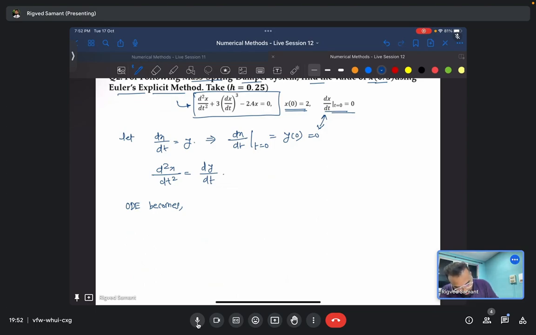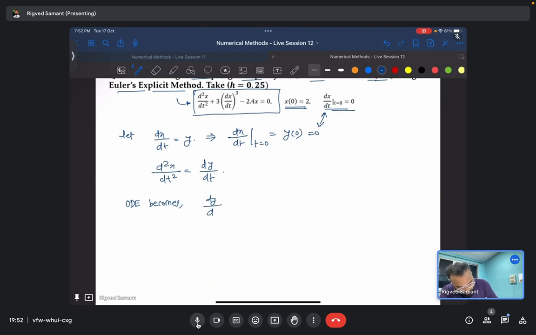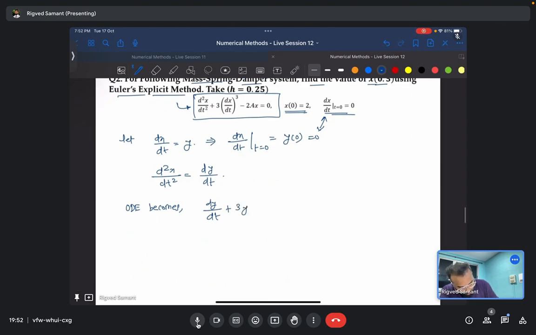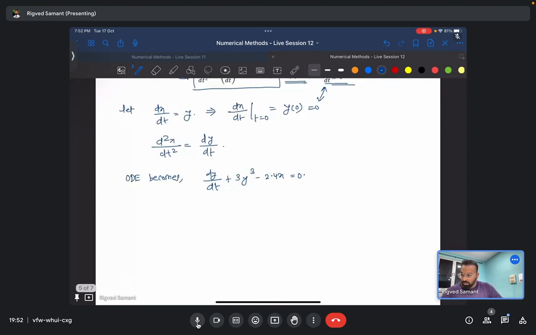If it were a square, then it would have been y square. Therefore the ODE becomes dy by dt plus 3 into dx by dt, that is y, so y cube, minus 2.4x is equal to 0, right? This one we can use.